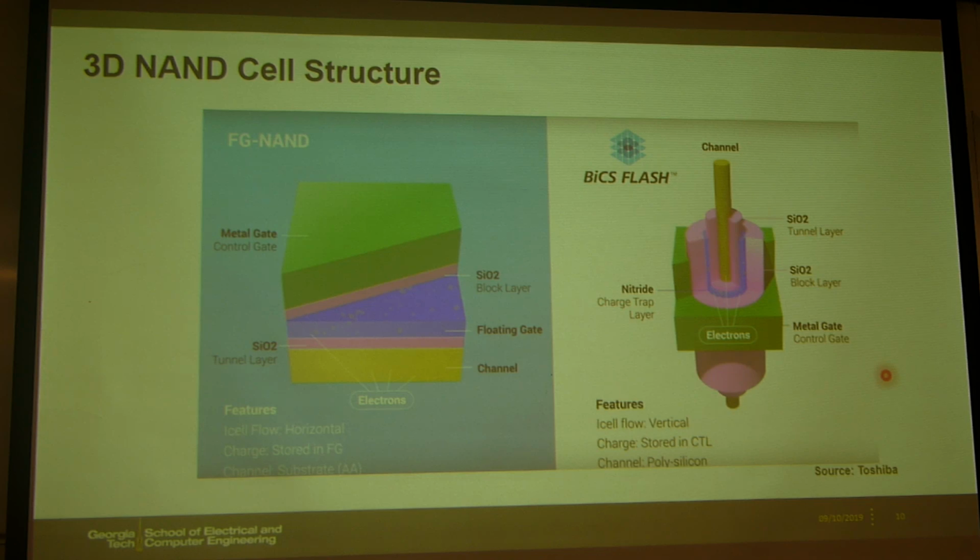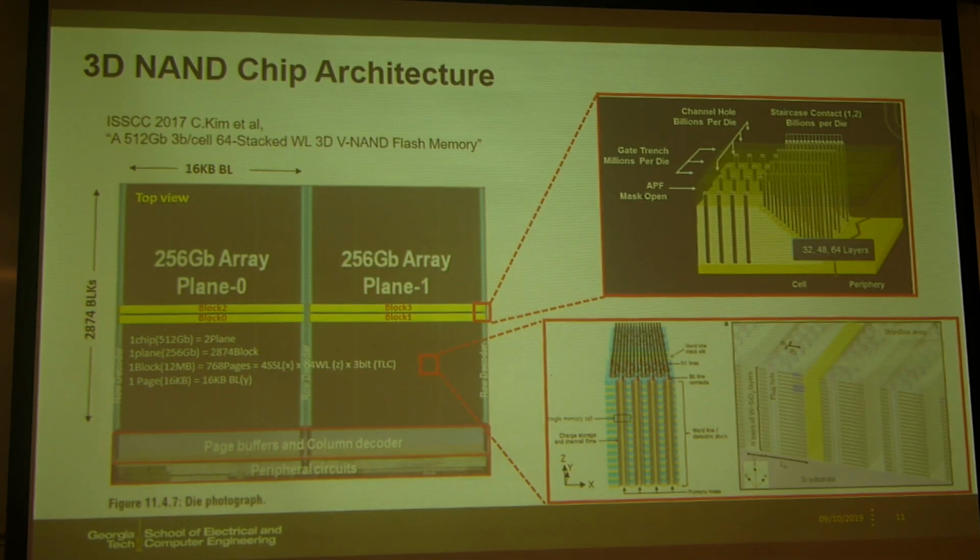It's all possible. But most of the mass-produced NAND products have this kind of structure. So this is 3D NAND chip architecture, and here the bottom one is peripheral circuit, and this one is called page buffer, that is sensing circuit.